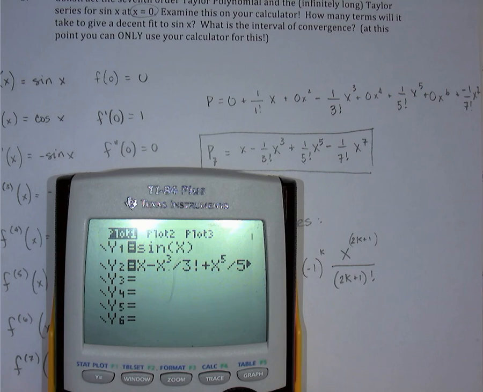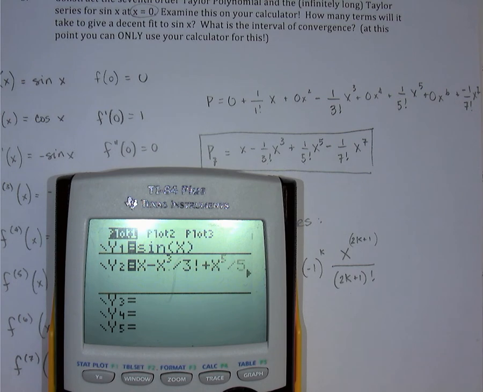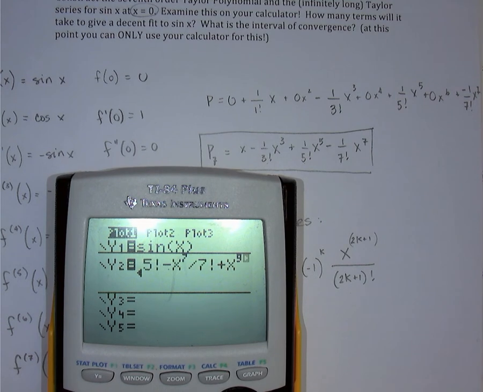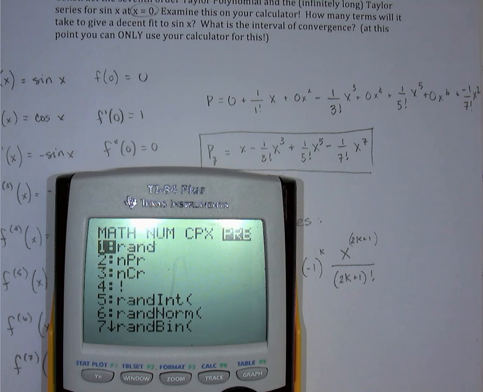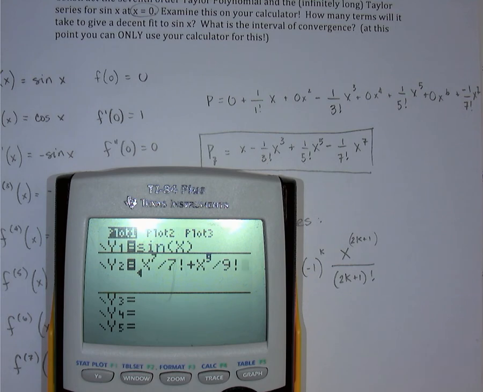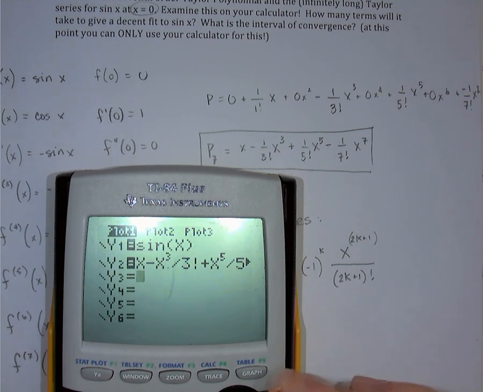Okay, so for this one, for y sub 2, we've done minus x to the 7th. Let's add x to the 9th and divide it by 9 factorial. And why don't we do minus x to the 11th, but then divide it by 11 factorial. And see what that looks like.